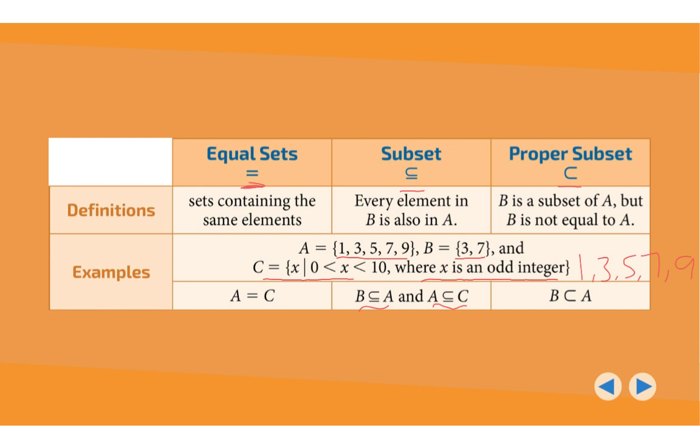And we cannot say A is a proper subset of C because A and C are equal, which causes the problem. Now we could say A is not a proper subset of C. That works because what's the opposite of not equal? Equal to.